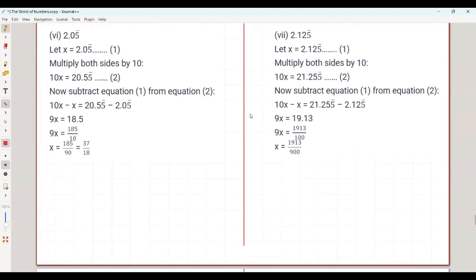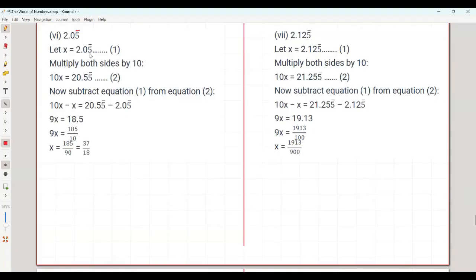Here, sixth one, 2.05. 5 alone is repeating. Okay, be careful with the bar. 5 alone is repeating. Only one digit is repeating. So multiply by 10. So 10 into x is 10x. If you're multiplying 2.05 by 10, it will become 20.55.